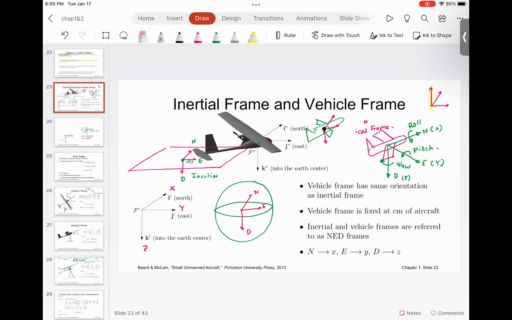So why do we need all these different frames? Because please understand, the aircraft is going to perform a very complex maneuver. There will be forces acting on that aircraft that will be dependent on maybe the airspeed, aerodynamic forces, aircraft control forces.